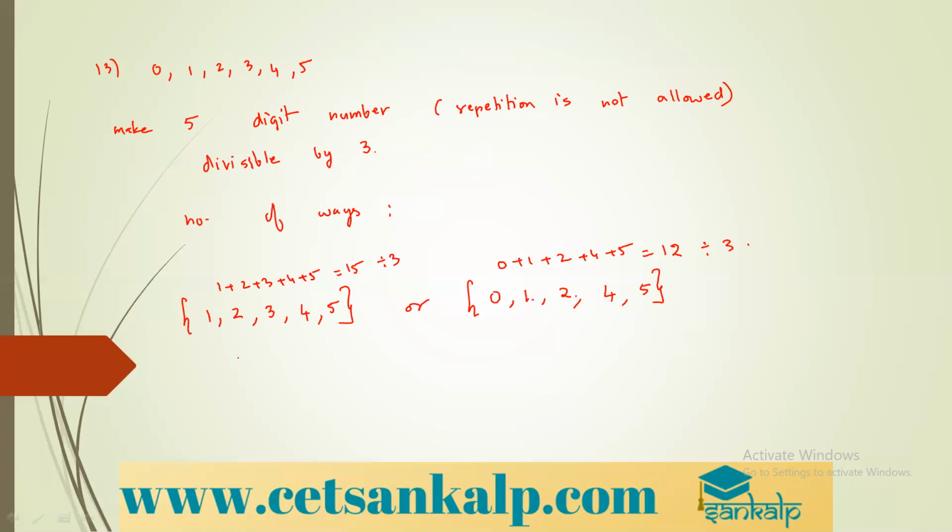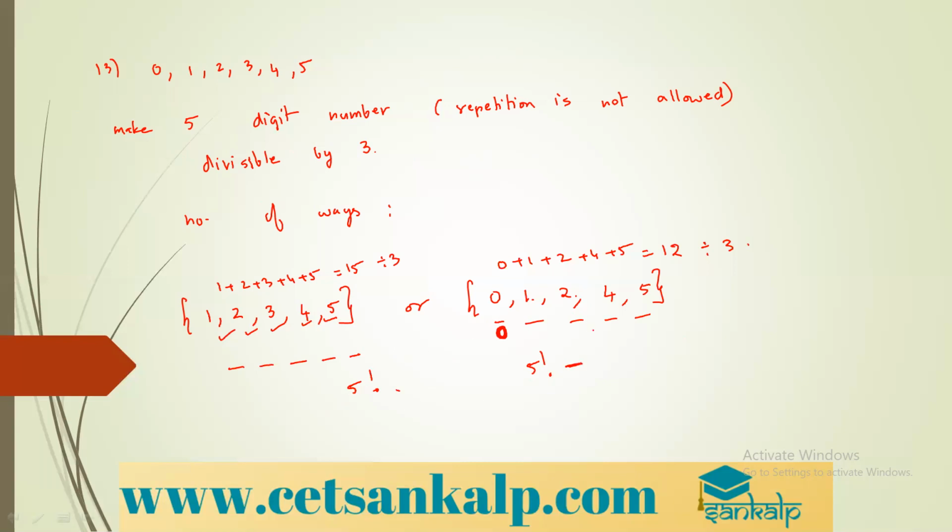Here we are making 5-digit numbers and we have 5 digits, so 5 factorial numbers are possible. Whereas in the other case, here also 5 digits, 5 factorial. But some numbers will have 0 in the first place, and that will not be a 5-digit number. So you have to subtract such numbers.